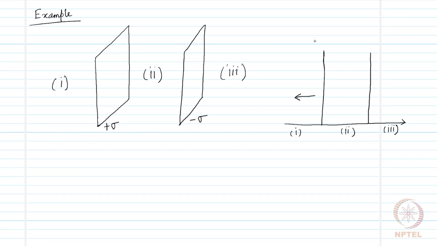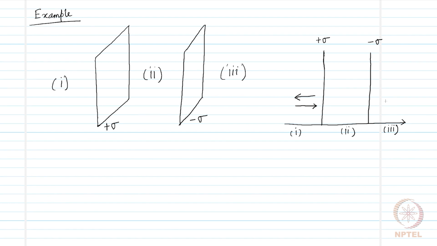This has plus sigma charge density, and this is minus sigma charge density. So, for minus sigma charge density, we will have electric field in region 1 along this direction, and because the electric field magnitude for this uniform charge distribution over an infinite plane does not depend on the distance from the plane, these two electric fields are equal and opposite. So, they will cancel each other.